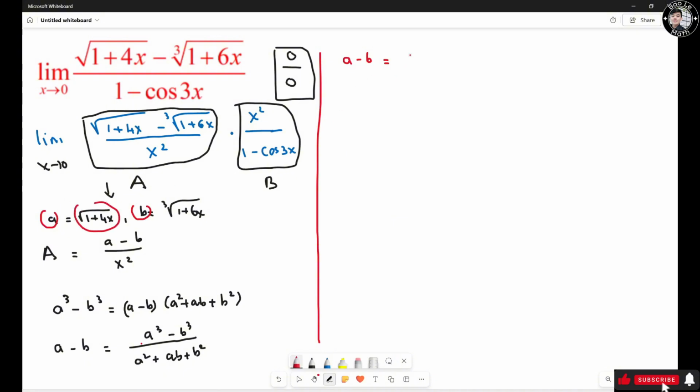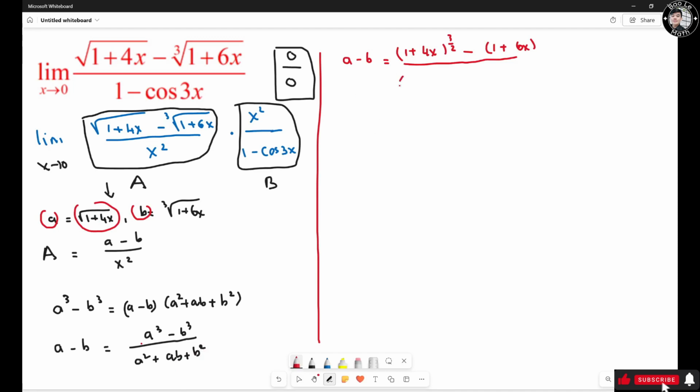It turns out to be 1 plus 4s to the power of 3/2, right? And this one cubed equals minus 1 plus 6s, right? Over a squared, which means this one squared, plus ab plus b squared, right?